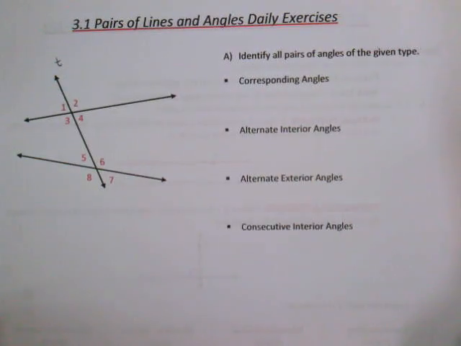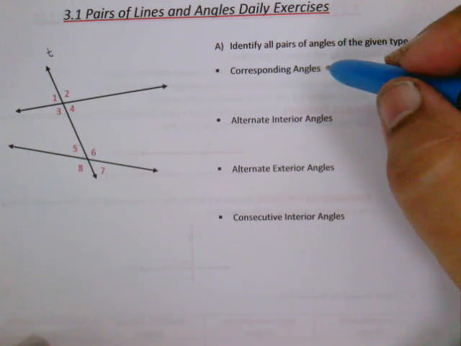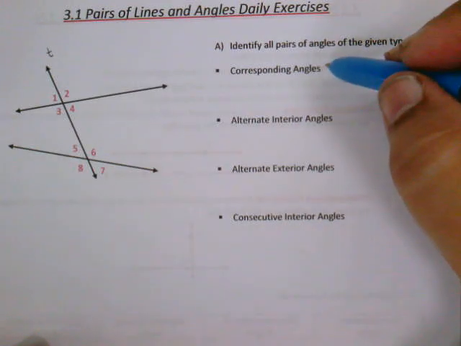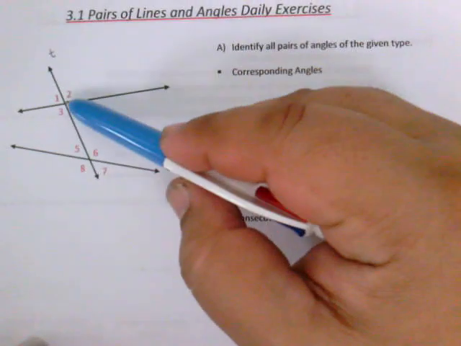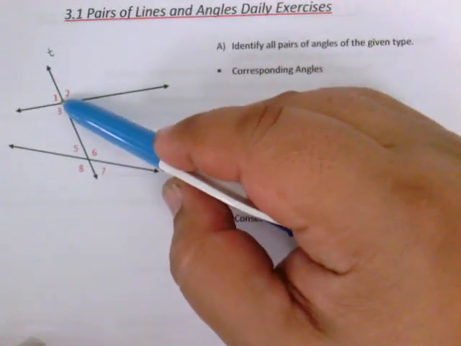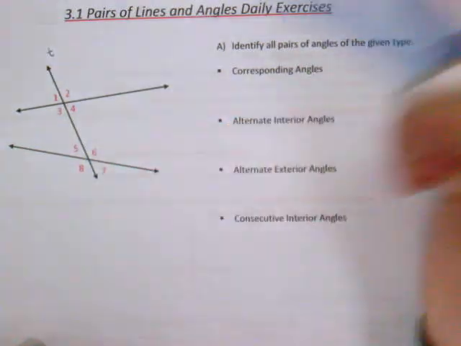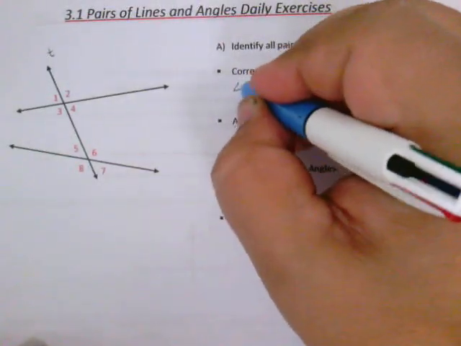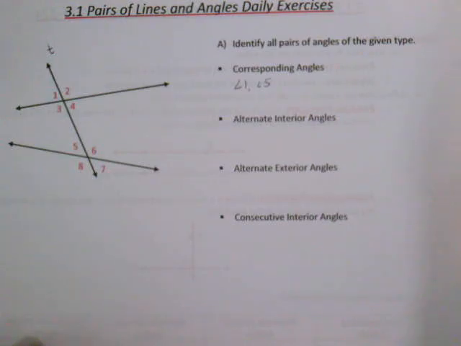We might call that our transversal, or line T. And for identification purposes, let's take a look at all the corresponding angles. Starting with angle 1, the corresponding angle to angle 1, what we might call the upper left intersection, is angle 5 at this intersection. So angle 1 and angle 5 are a pair of corresponding angles.